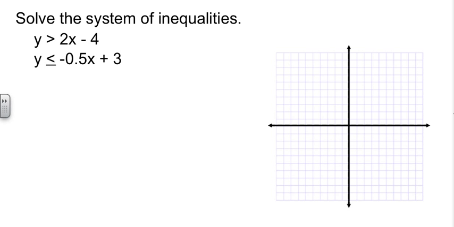So let's consider a system of inequalities. y is greater than 2x minus 4, and y is less than or equal to negative a half x plus 3. Well, we know how to graph y is greater than 2x minus 4. We know where the intercept is, negative 4.